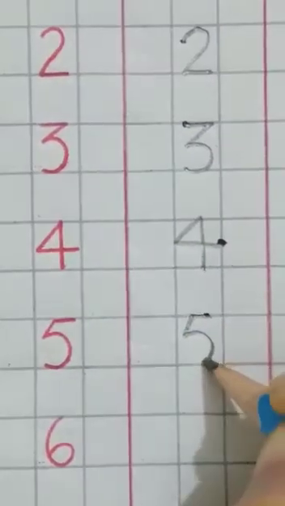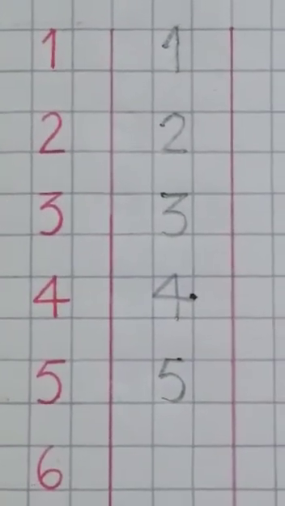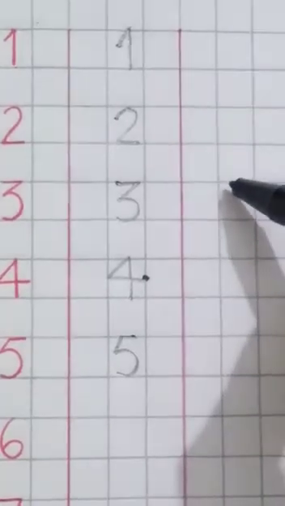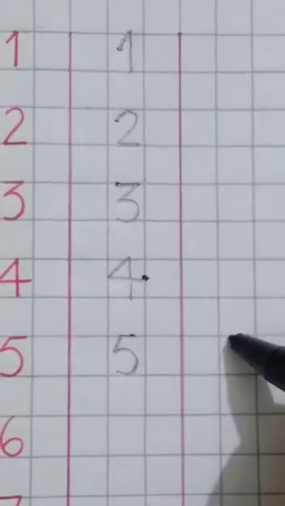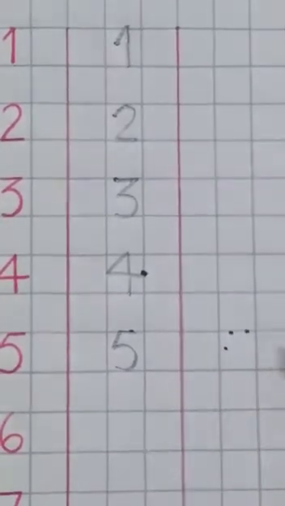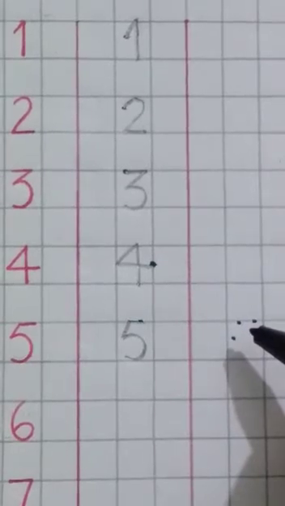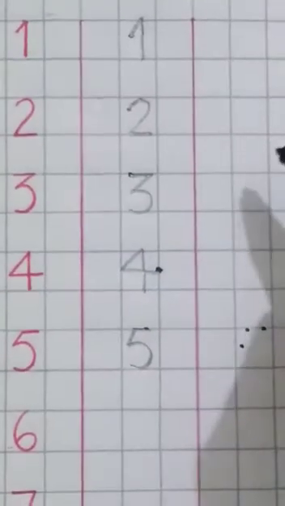So these were our numbers from 1 to 5, and for number 5, if you feel any difficulty, you can add here the dots according to the difficulty which you faced while writing.